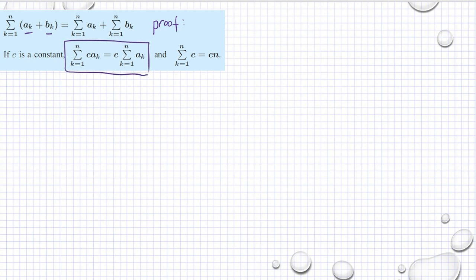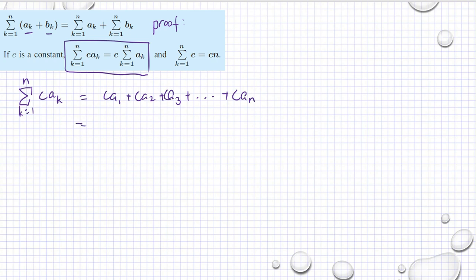For example, we have the summation of c a sub k, where k is equal to 1 up to n. C is a constant, so we have c a sub 1 plus c a sub 2 plus c a sub 3 plus up to c a sub n.